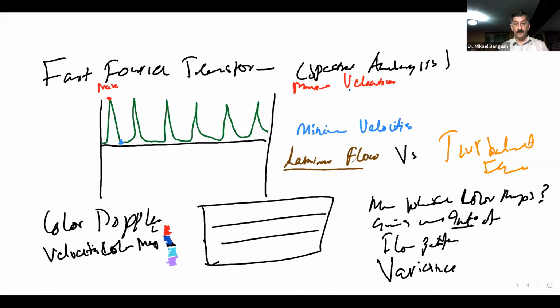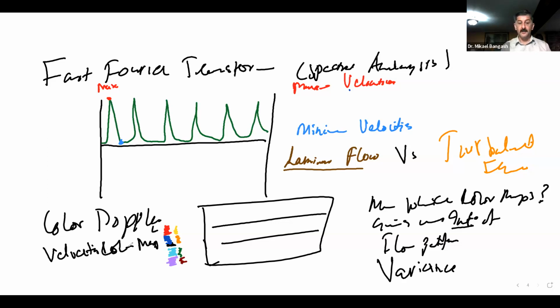Whereas if we have these colors here on the right side, that will be positive turbulent flows. And if you have this, these will be negative turbulent flows. But that is in your color Doppler.